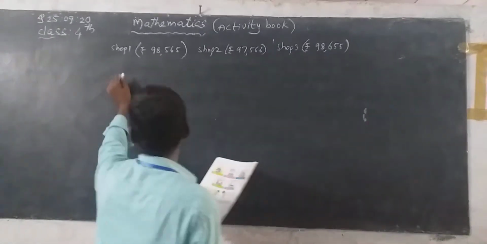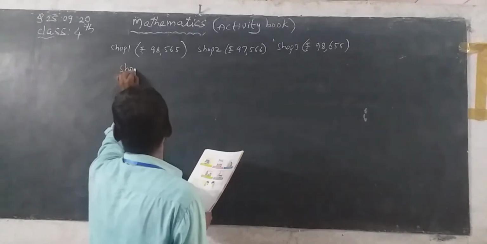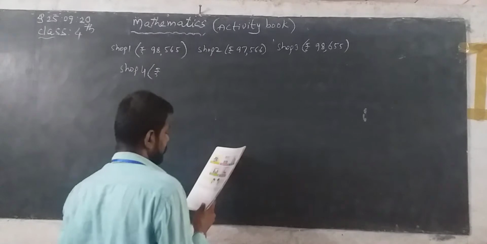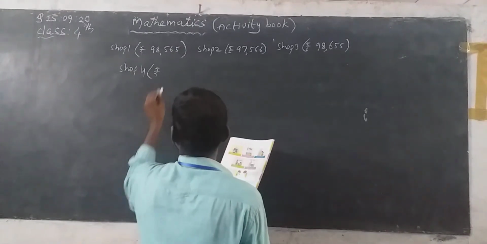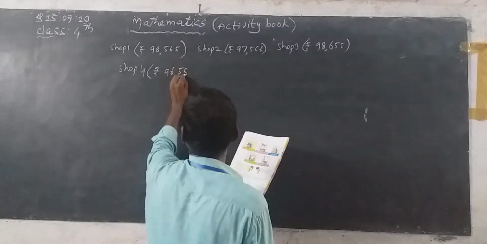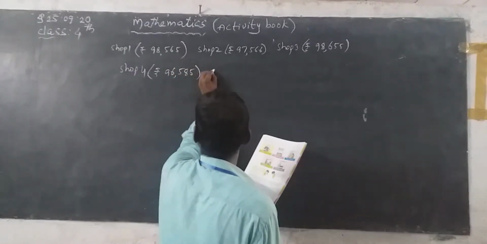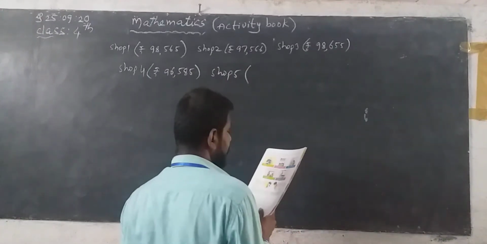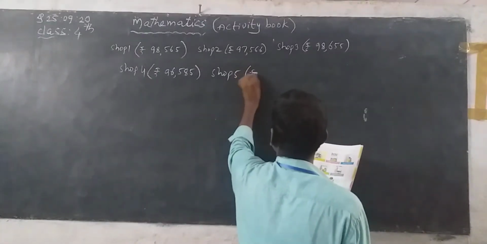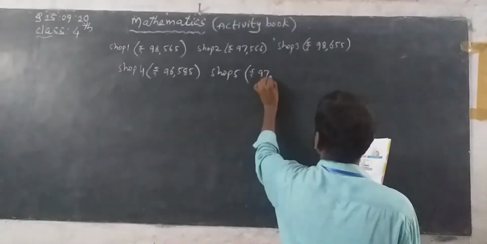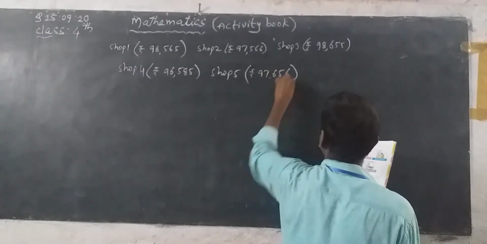Next shop 4: 96,585. Shop 5 here: 97,656.